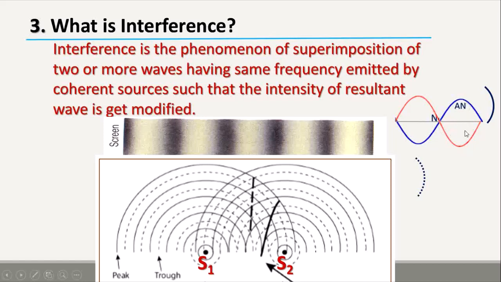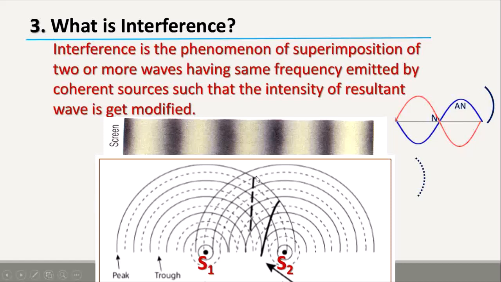If the superposition of two waves is like this, then you get zero intensity. You can observe here, this is a crest indicated by a thick line and this is a trough indicated by a dashed line. Both are intersecting at this point. Here you get a dark region or zero intensity.